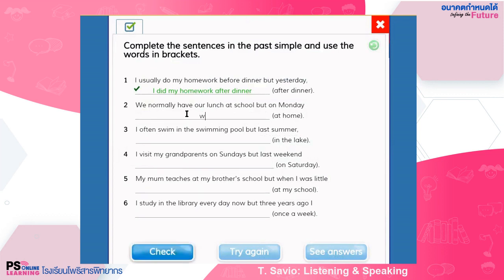But on Monday we had our lunch at home. Number 3, I often swim in the swimming pool, but last year I swam in the lake.